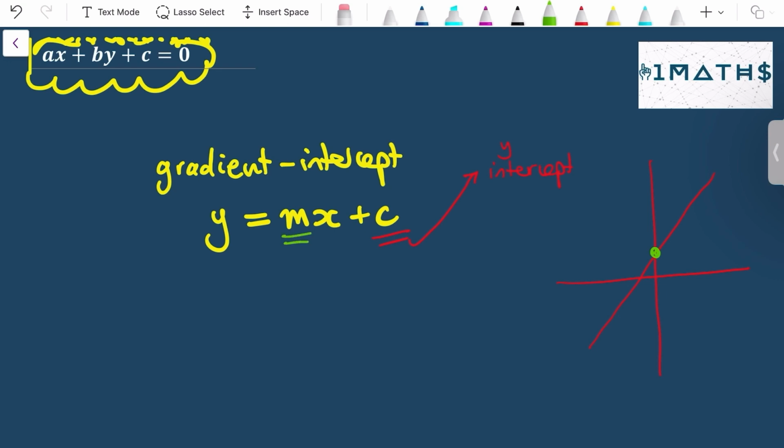And the m is our gradient, the rise over the run, right? So the slope, the change in y over the change in x. So if I had 2 points, the gradient will be the change in y over the change in x. It would tell me how steep this line is.